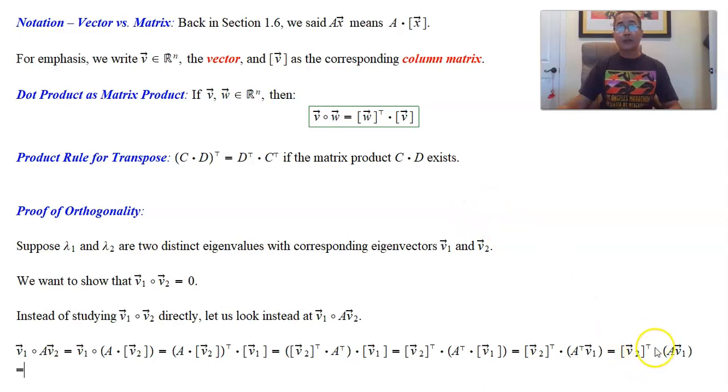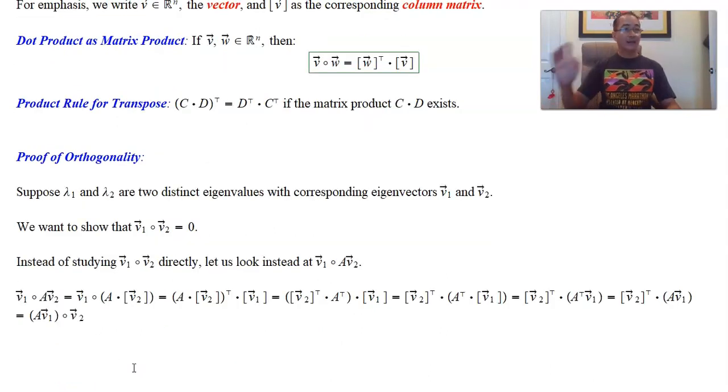How does this work? The factor on the right goes to the left, and then we have the dot product with the vector on the left, ignoring the transpose. So we take V2 and we put it over there. Now we've done everything that we can.